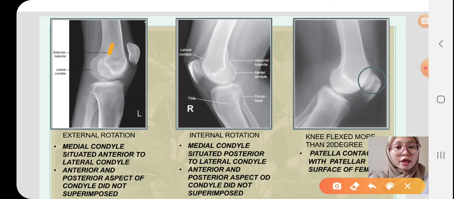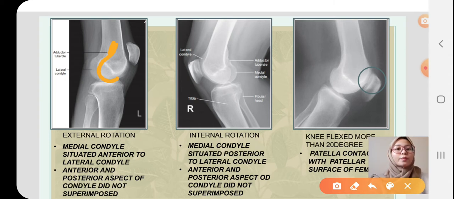So if we can detect the adductor tubercle, we will know where the medial condyle is, so we can differentiate the lateral and the medial condyle. So this is the adductor tubercle, which is superior to the medial condyle.